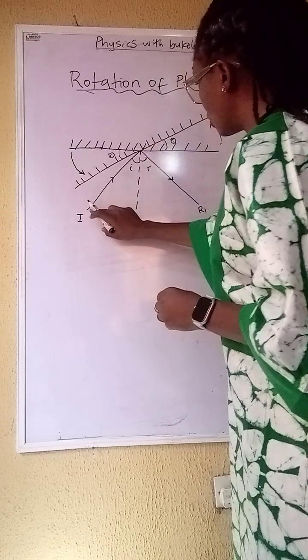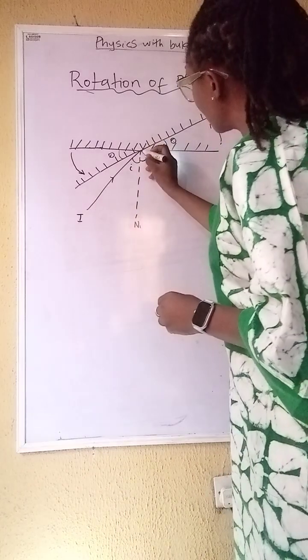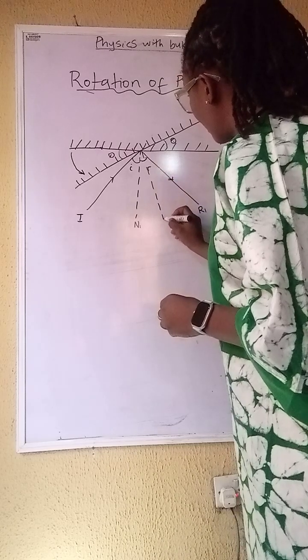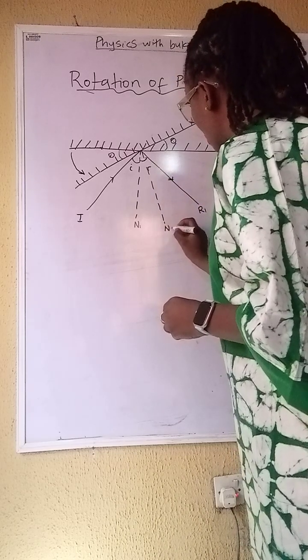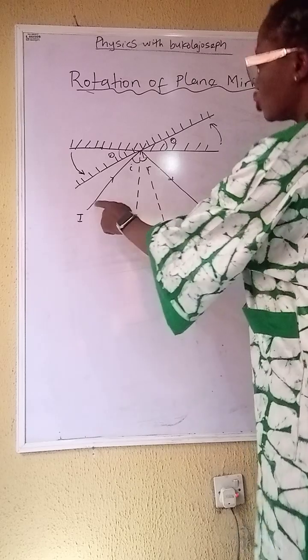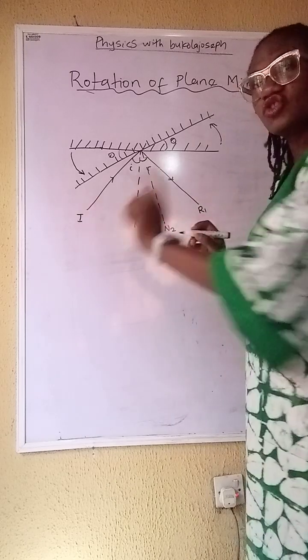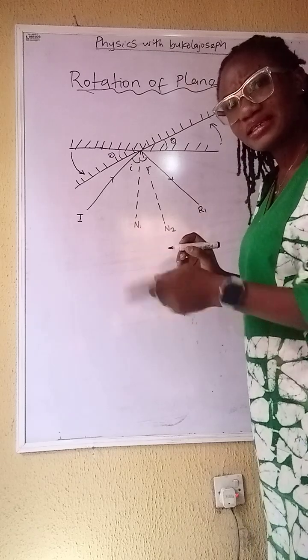So now we are going to have another normal for this. We are still using this incident ray, so the normal is going to be this. We label it Normal 2. Mind you, the incident ray is maintained.